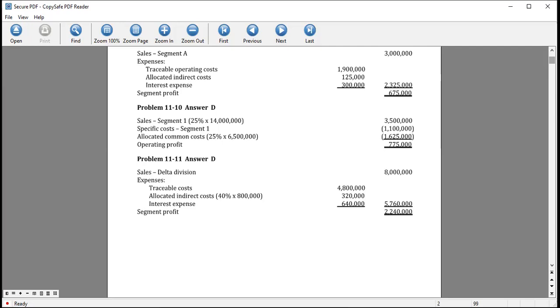Then we have to deduct allocated indirect cost. Segment profit is equal to 2,240,000.